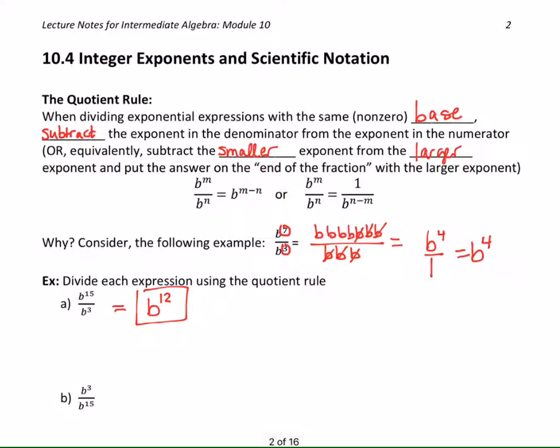B to the 3 over b to the 15, if it's upside down: 1 over b to the 12. Take the larger minus the smaller. 15 minus 3 is 12, so b to the 12th. And if nothing's left on top, put a 1.